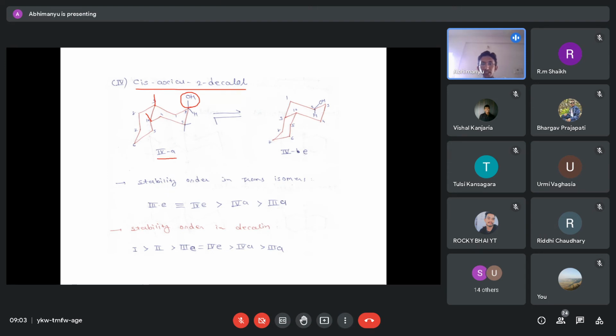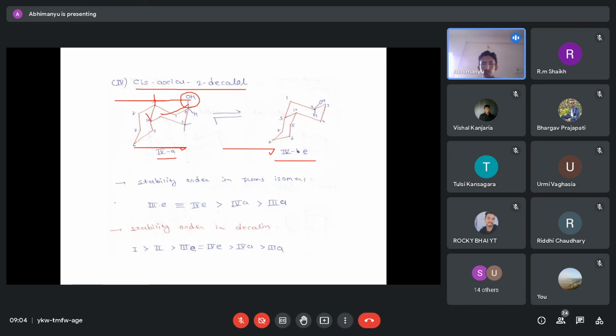So 4 axial, and the flipping structure of 4 axial is 4 equatorial. Again, it's very simple. Due to diaxial interaction, the stability of 4 axial is less as compared to 4 equatorial. In 4 equatorial, there is no diaxial interaction.